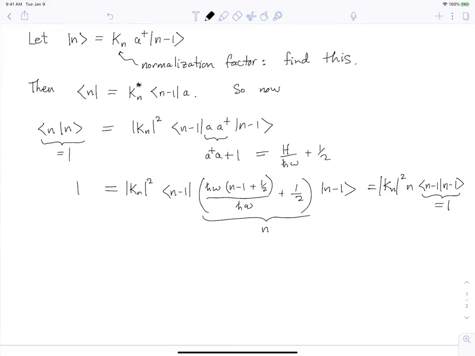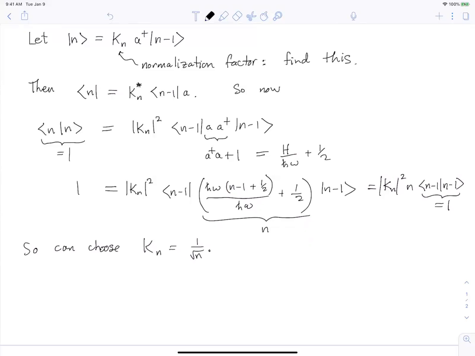Okay, and so what we learn is that we can choose that our k sub n is equal to 1 over the square root of n. Now, whenever we find the normalization of an eigenstate, there's always a phase ambiguity. It never fails.